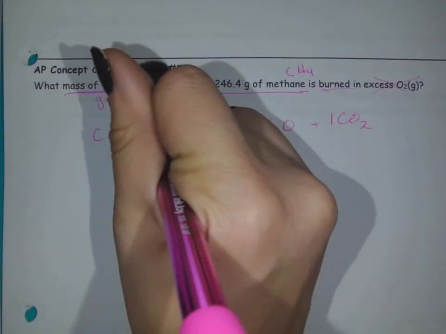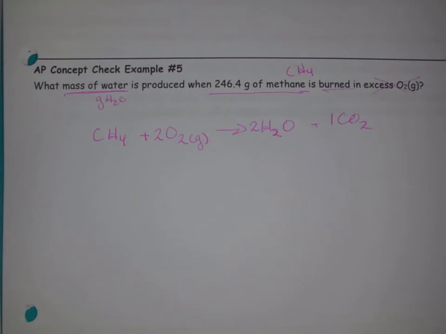So I need to put that there. There's my balanced chemical equation. So you could set up your BCCA table. You can totally answer it this way, and then you would just cross out the O2 column, because that's our excess, and so we know that the CH4 is the limiting.